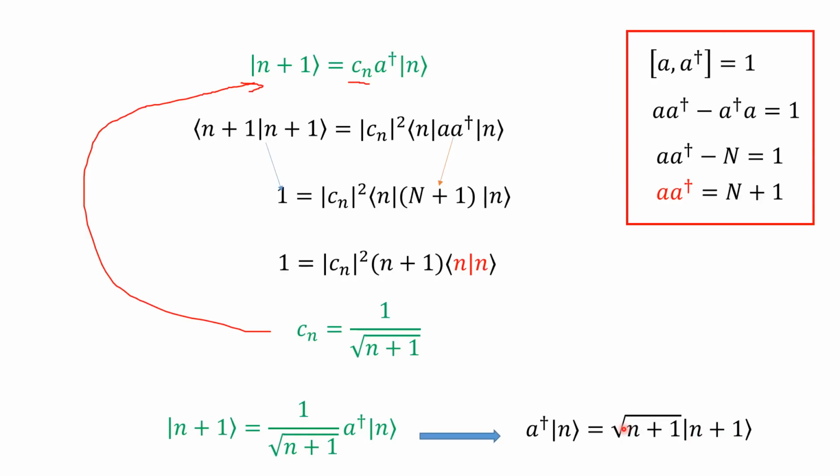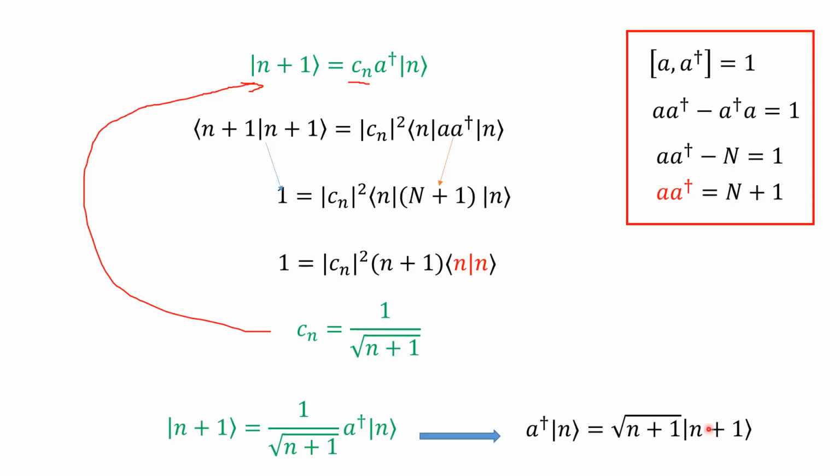If you see some interesting phenomena here, when n equal to 0, the creation operator acts on the ground state. This is 0 plus 1, so square root of 1 is 1.